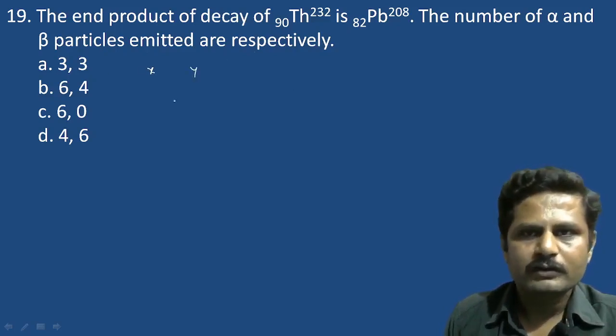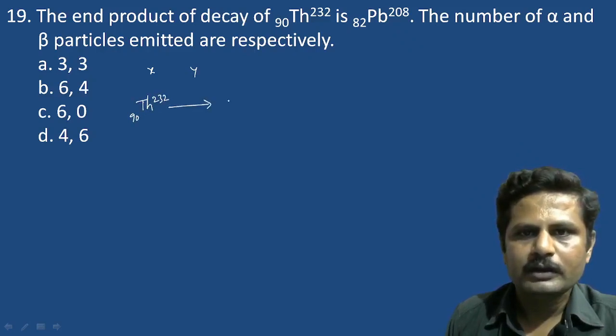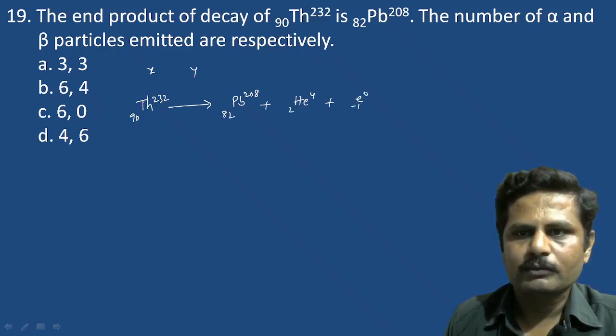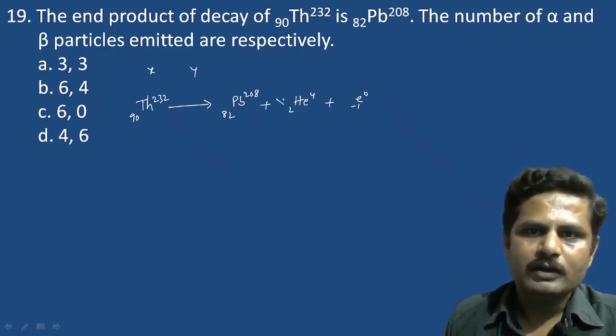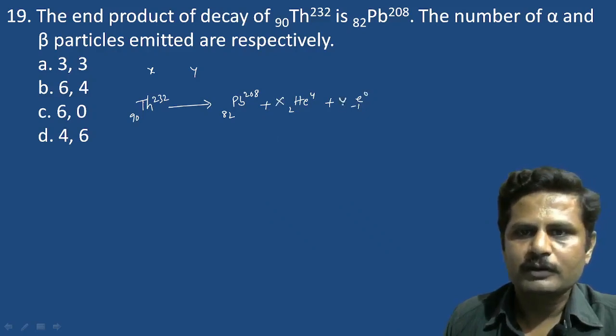So therefore here thorium 232 90 becomes lead, that is Pb 208 82, plus helium particles, plus beta particles, that is 0.